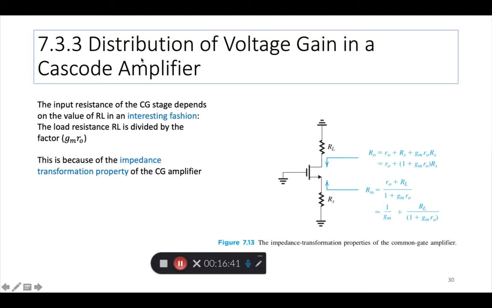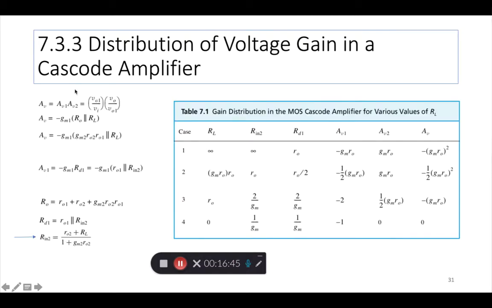So the distribution of voltage gain. There's a bunch of formulas here and a small table, so let me finish that. Again, AV is AV1 times AV2. AV also has this formula, which is GM1 into RO in parallel with RL, the load resistance.